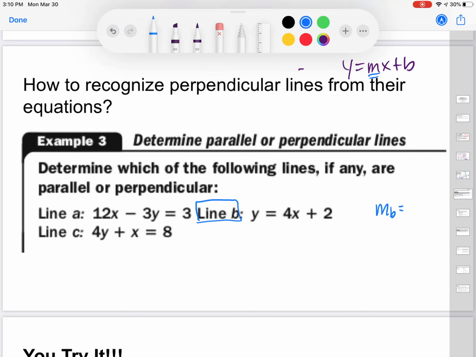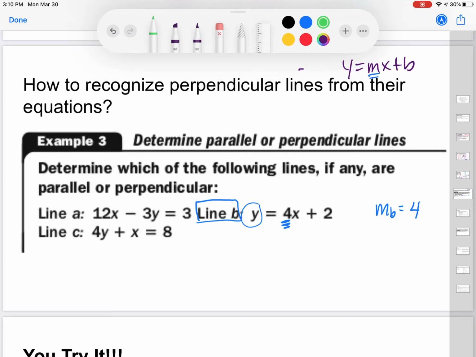So your slope for line B, it's already in slope-intercept form. Y is by itself on one side of the equation. So y is sitting over here by itself, and your slope is sitting right here beside the x. Okay? So it's equal to a positive 4.